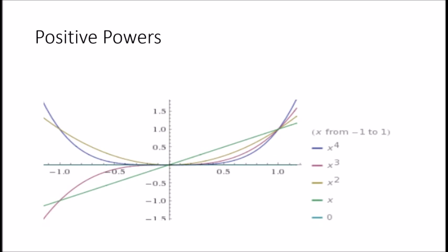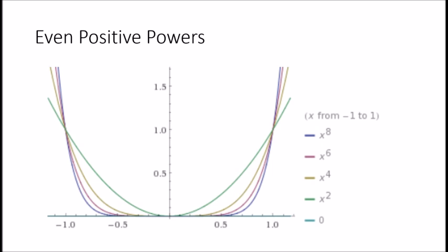It will either stay positive, where your y values are always greater than 0, or when x is 0, the y values will be negative. When x is negative, the y values will also be negative, and when x is positive, the y values will also be positive. In fact, you can split that up into even and odd powers.